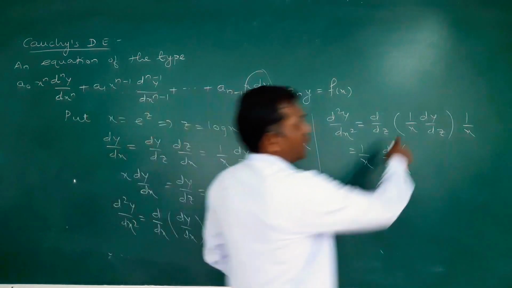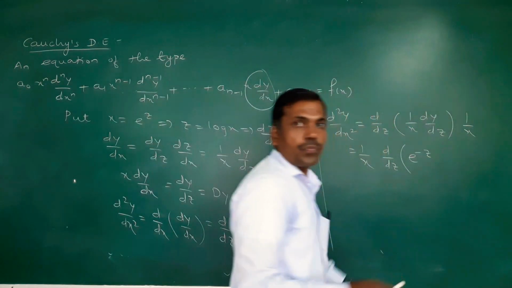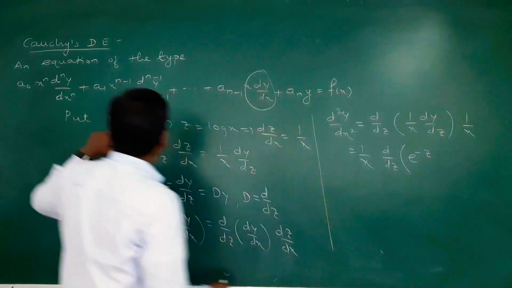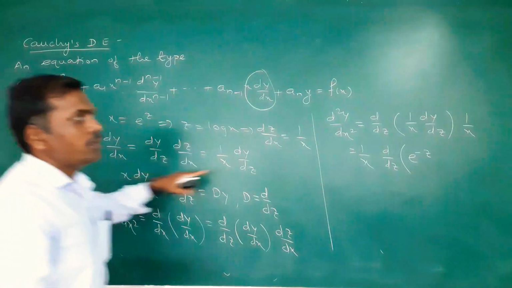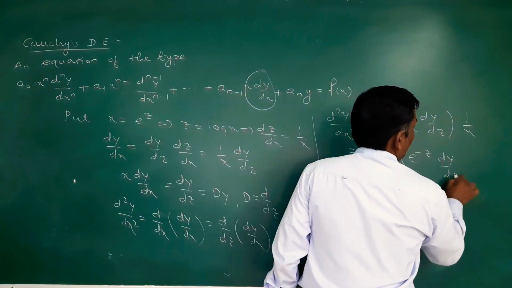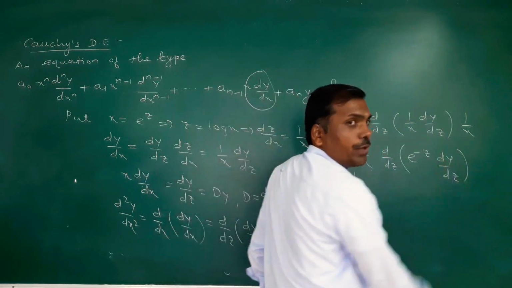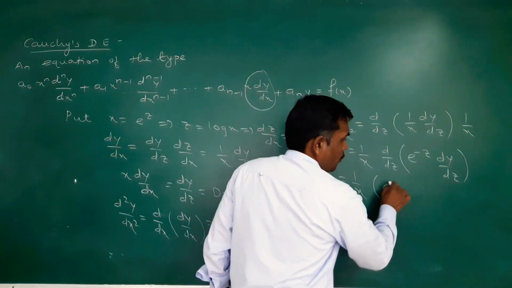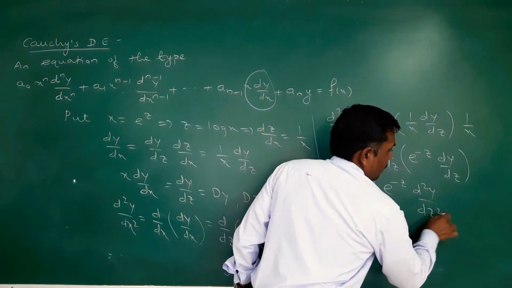So 1 upon e raised to z is e raised to minus z. Have you understood? x is e raised to z, so 1 upon x is e raised to minus z. And here dy by dz as it is, so we get 1 upon x times e raised to minus z into d2y by dz square.